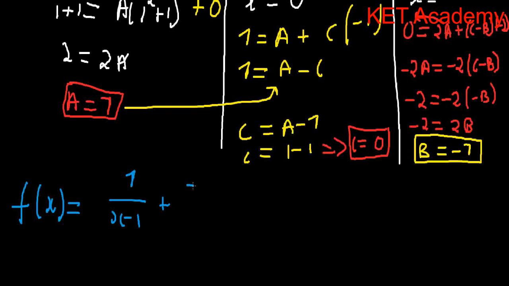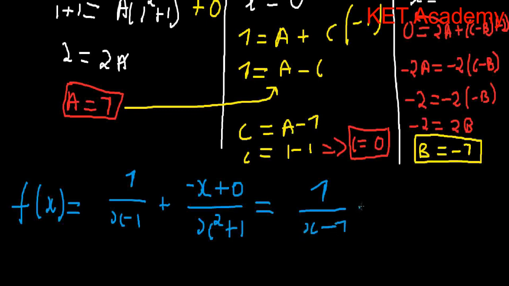Our b was minus 1, so it will be minus x plus 0 divided by x squared plus 1. So this will further simplify to 1 divided by x minus 1 minus x divided by x squared plus 1.